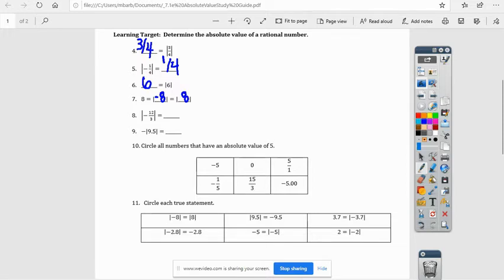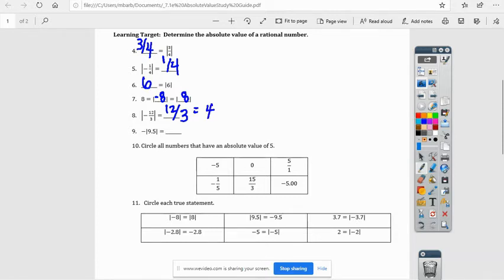And number 8, the absolute value of -12/3. We know that since it's in the absolute value brackets, that number is going to be a positive. So it's going to be 12/3, but we can reduce that, and it's just going to be 4 because 12 divided by 3 is 4.